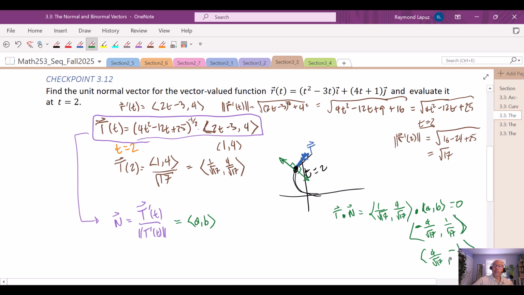So these are our two possibilities for the normal vector. This one has a negative x, positive y, so let's call this one possibility n1, and this one would be n2.